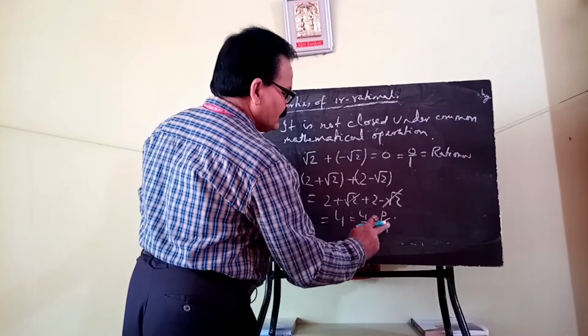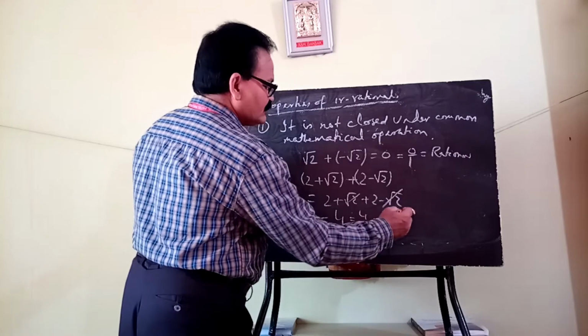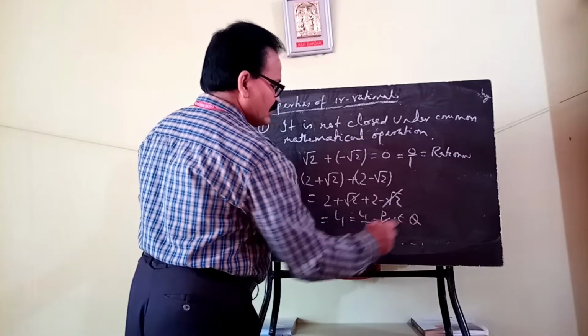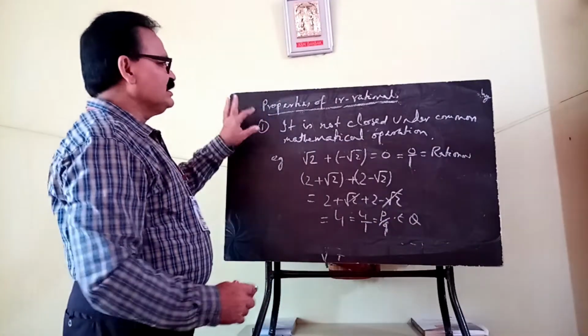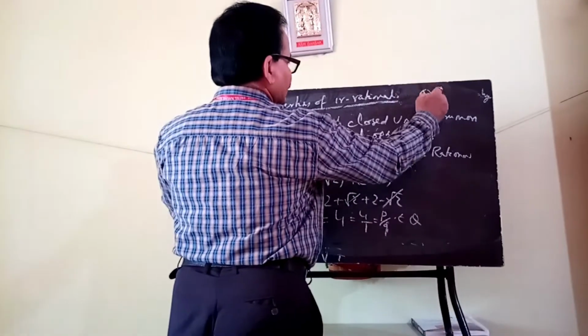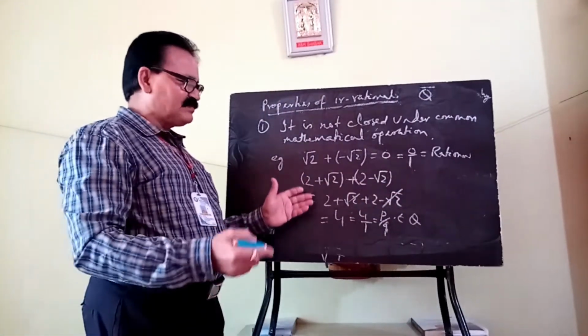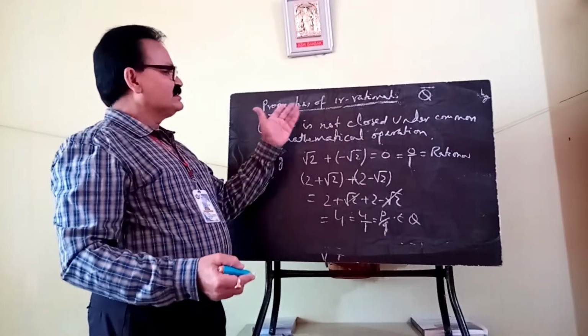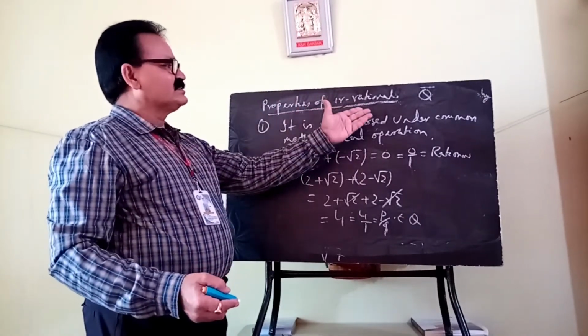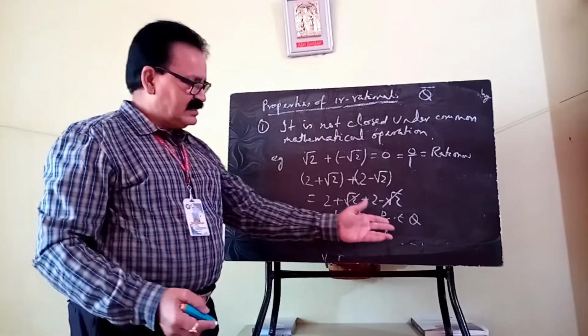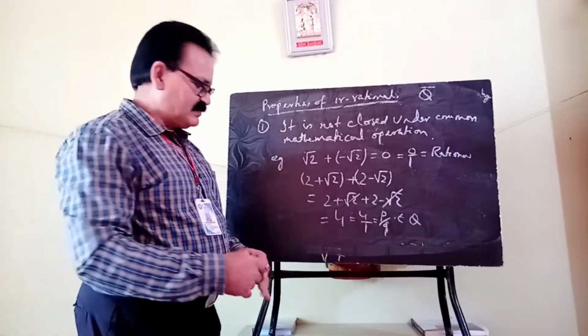So this is rational again. Irrational numbers are denoted by Q bar and rational numbers are denoted by Q. So when you are adding or subtracting, your answer is definitely rational, so it is not closed.